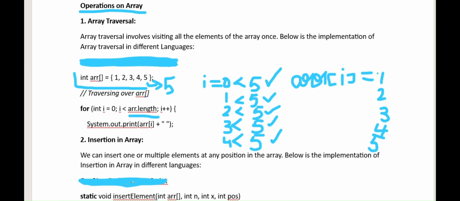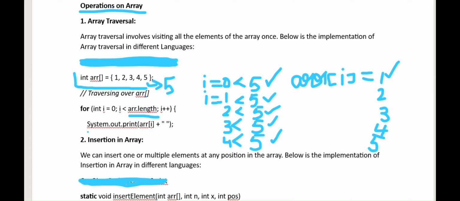Then value 1 is printed. Next, i will increment. It will come out of the for loop and increment, from 0 to 1. 1 is less than 5? Yes, it is true. Then it will go inside the for loop.